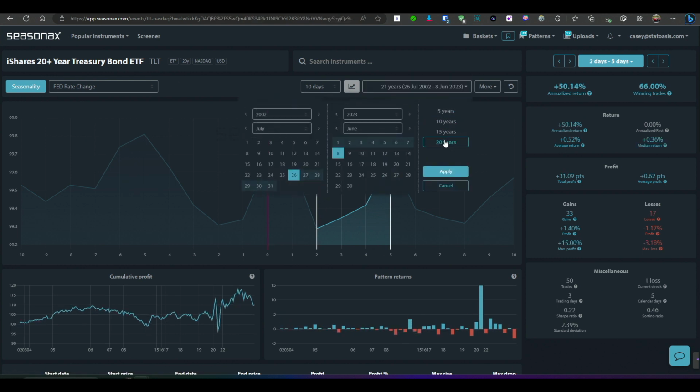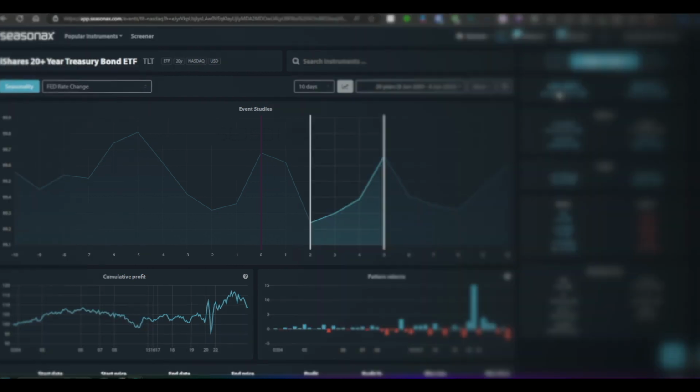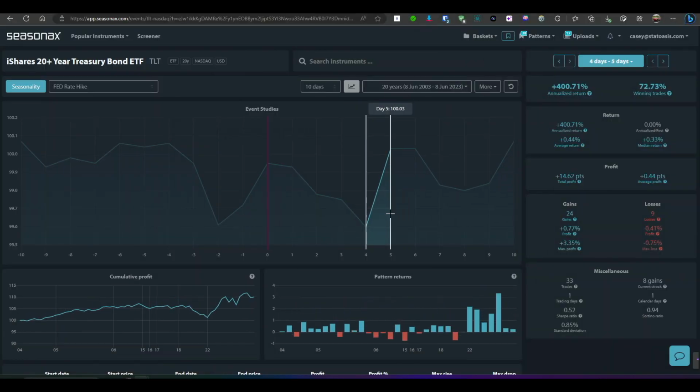So let me go back. This is 20 years. Median profit is 0.37%, 65% win rate. So this annualizes almost 50%. That's great. This pattern is 1 day. Look at this, 1 day.